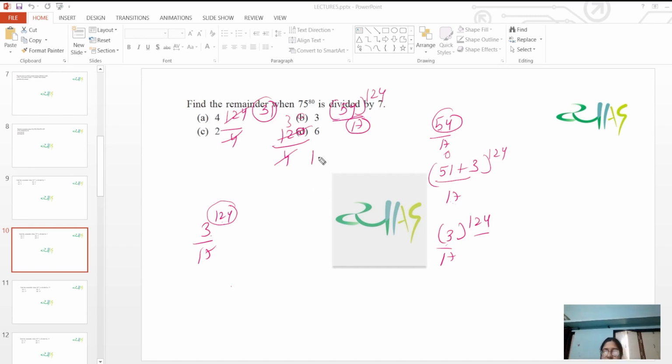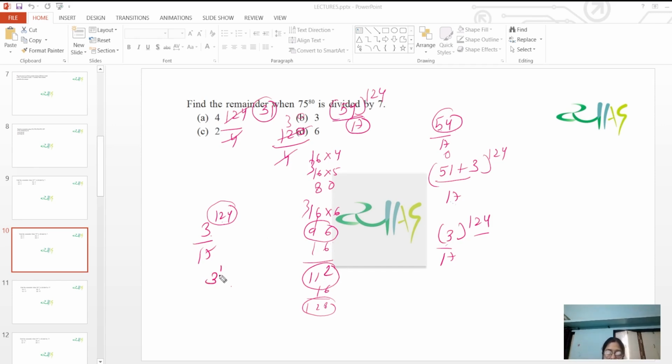So let's just say 64 we have, and 6 5s are 30, 80, 6 6s are 36, we have 96. One more 16 we can add, so this is 112. Can we add one more 16? No, we cannot, because it will become 128. So let's just keep it to here.